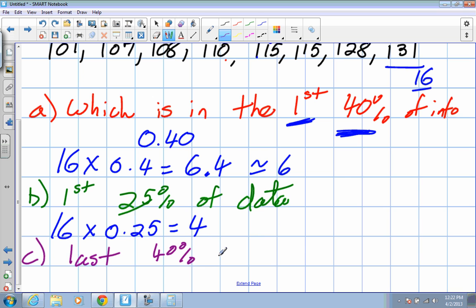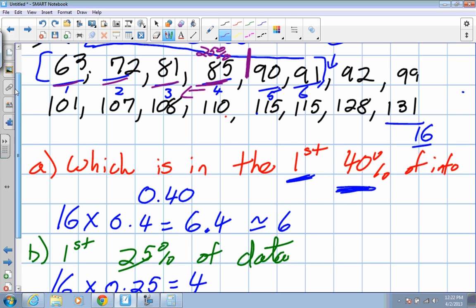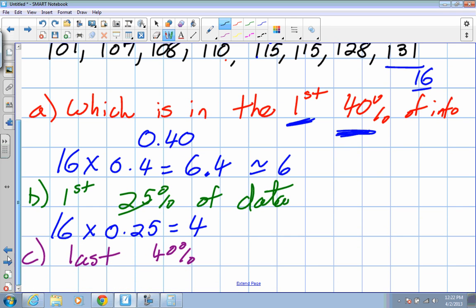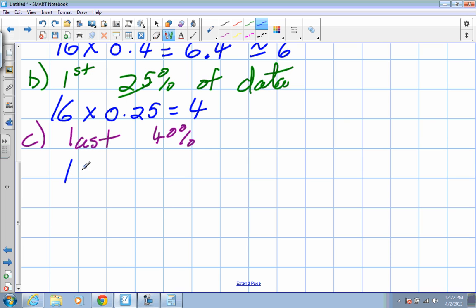Last 40%. Now when we do percentages, we're always counting from the first value up. Okay, that might be difficult though to find an actual value because remember the only real information we have here is that we know there are 16 pieces of data. They're asking for the last 40%.